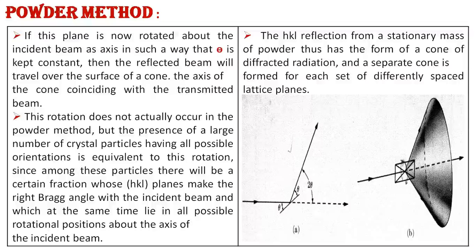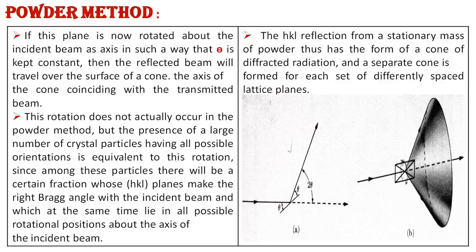If this plane is now rotated about the incident beam as axis in such a way that θ is kept constant, then the reflected beam will travel over the surface of a cone, the axis of the cone coinciding with the transmitted beam.